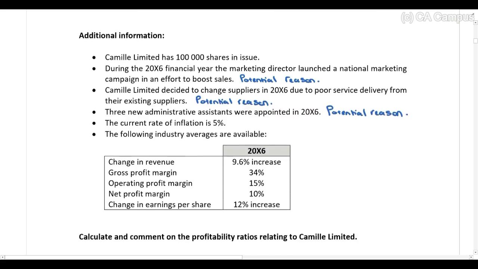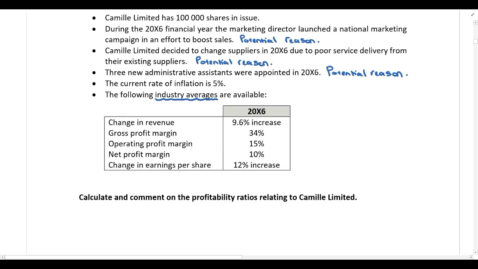The current rate of inflation is 5%, and the following industry averages are available. So we've been given the change in revenue, gross profit margin, operating profit margin, net profit margin, and the change in earnings per share.